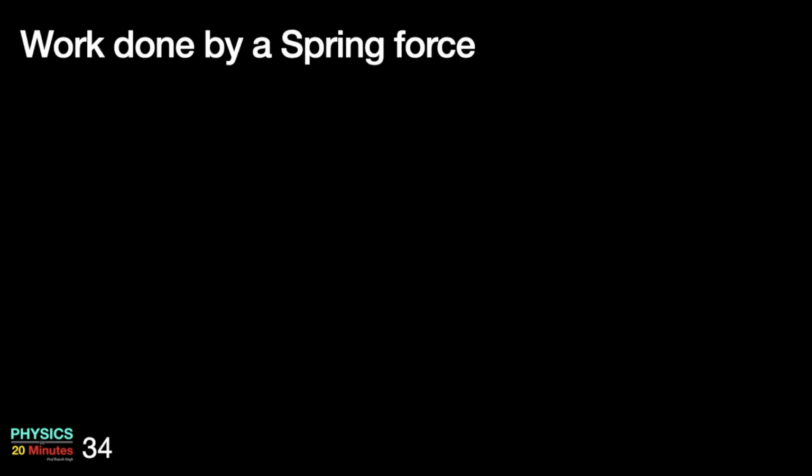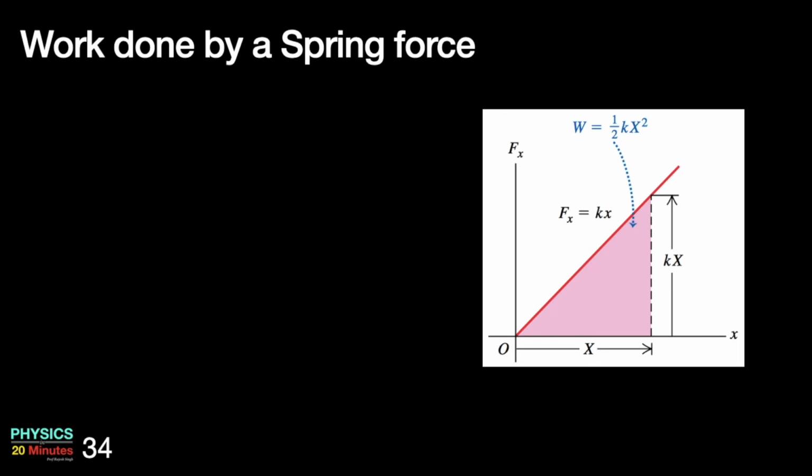So, work done by a spring force. If I take a block tied to a spring and move it, say, from initially 0 to a displacement x, and if I plot a graph of spring force versus displacement, then this graph is a straight line passing through the origin.